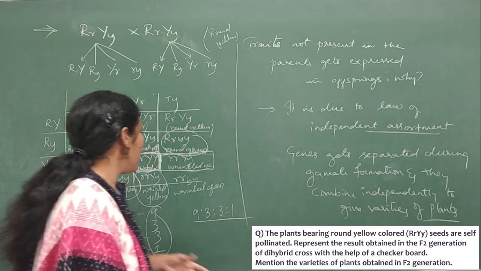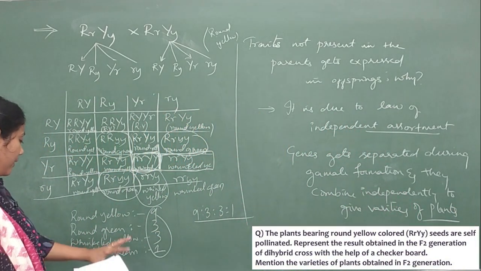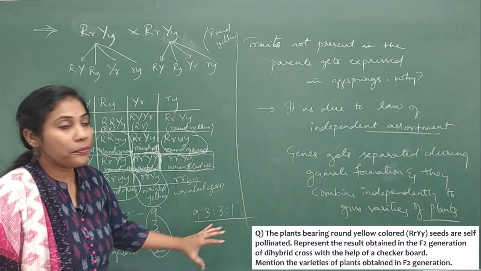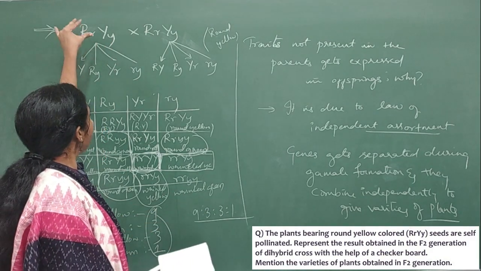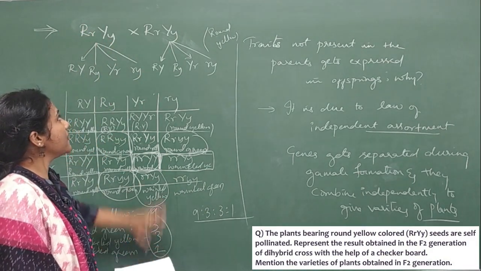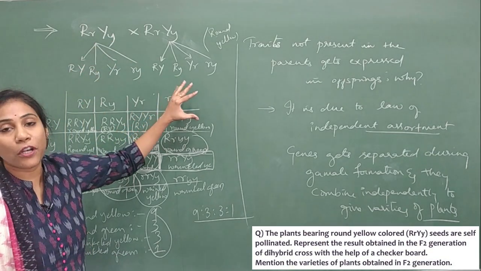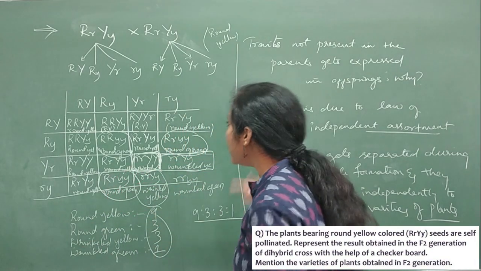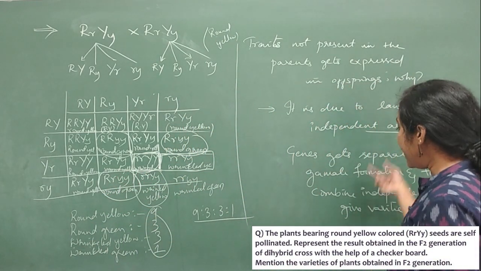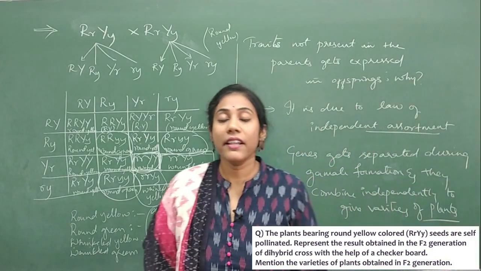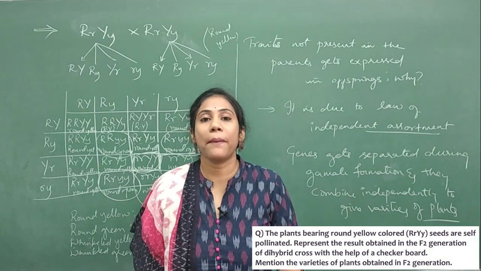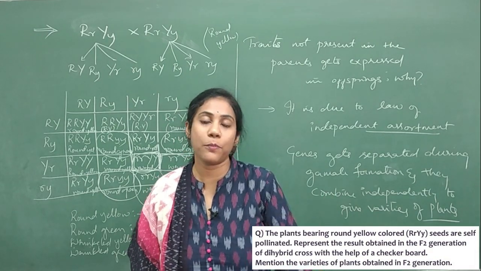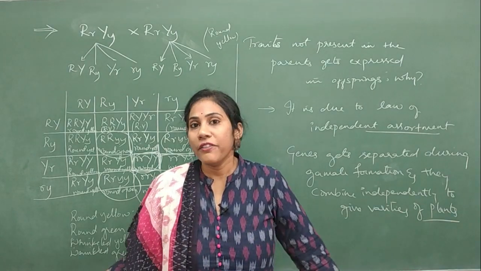So that is the reason, though the wrinkled and green character is not there in a parent, it gets expressed in the offspring generation, because they have the gene responsible for those characters, they are getting separated during gamete formation and they are combining independently. That's the reason, though the traits were not there in the parents, they are getting expressed in the offspring, right? So this is one major concept of the chapter which has been repeatedly asked for 4 marks in the previous board papers, right? So we'll go for the next question.